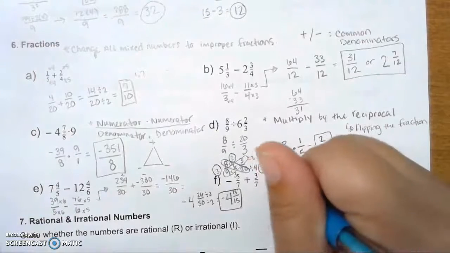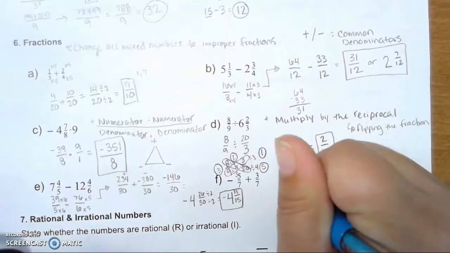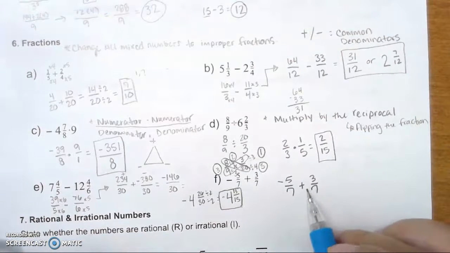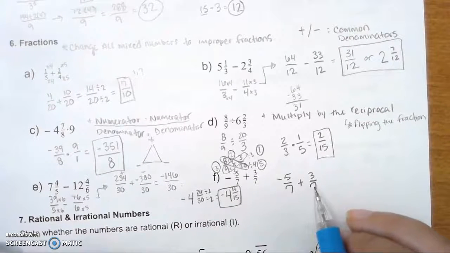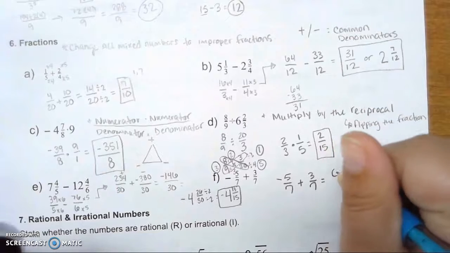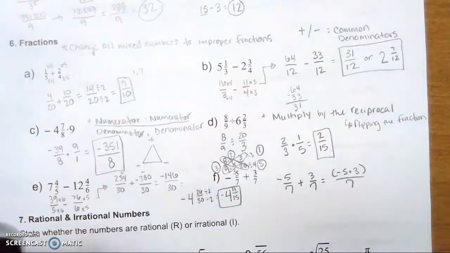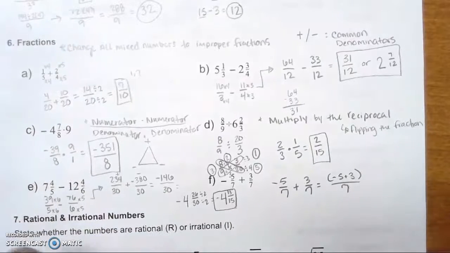And then last, we have -5 over 7 plus 3 over 7. Well, we're adding fractions, so we have the same denominator, so we're good there. We just have to do -5 plus 3. Keep it all over 7. We have different signs.